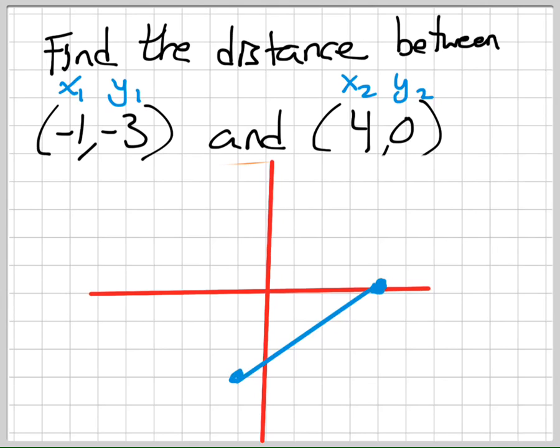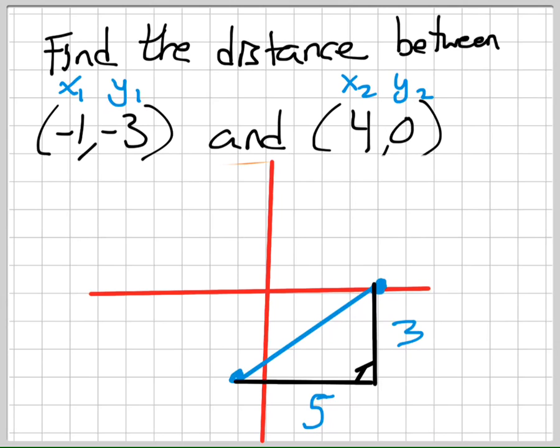I'll change color here. Let's say I went this way, down and over. There's my right angle. Let's count the units here. 1, 2, 3 units. Across here, 1, 2, 3, 4, 5 units. If you went the other way, it'd be 5 over, 3 down.